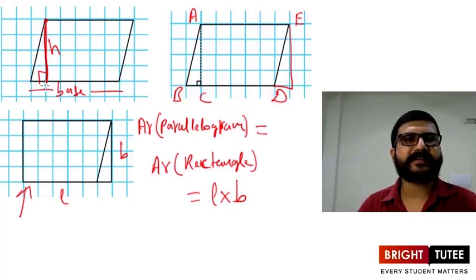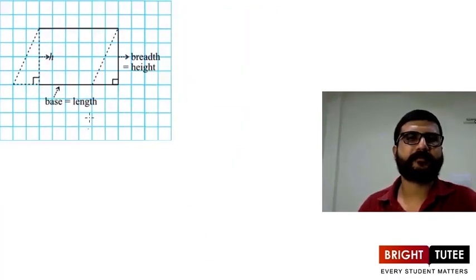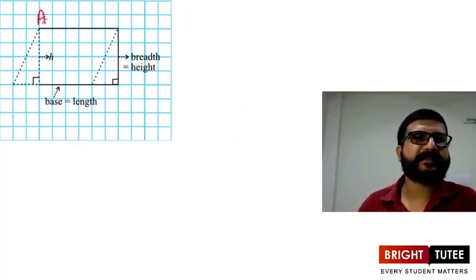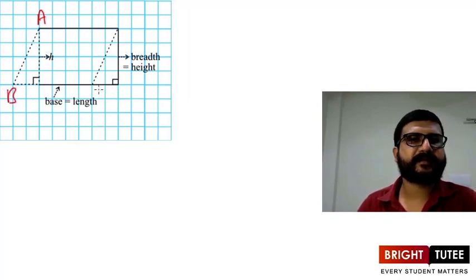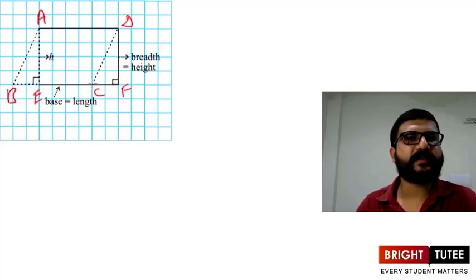Now let's try to discuss this in different way. Now let's try to find the area of parallelogram here. Let's mark this as A, this one as B, this is C, and this one is D. And let's take this vertex as E and this one as F. So here, what is the parallelogram?